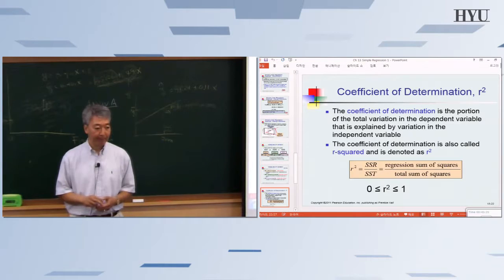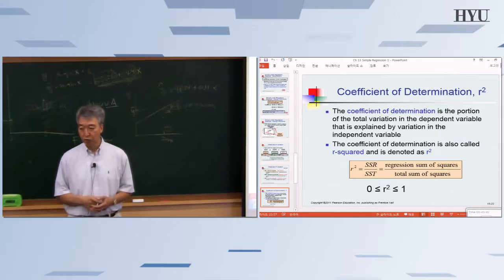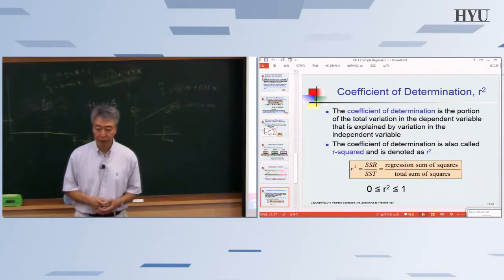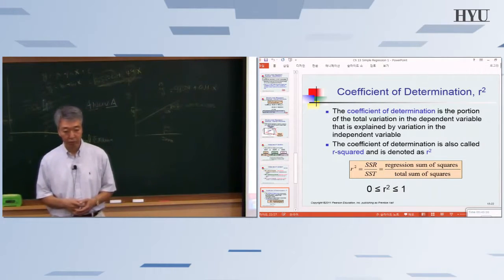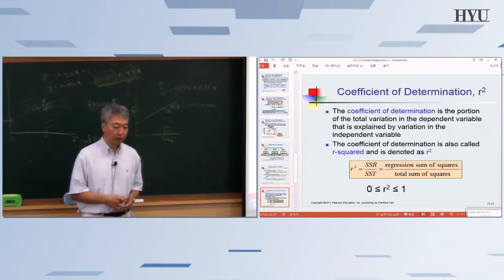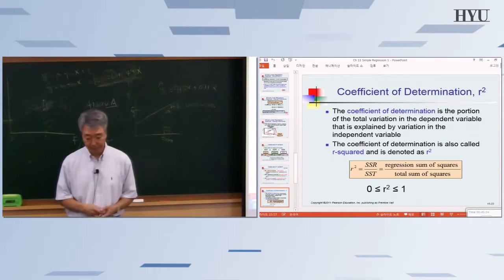Then, by looking at the absolute size, what does that tell us? Whether it's strong or weak. That's right, the strength of the relationship, whether there's a strong linear relationship or not.